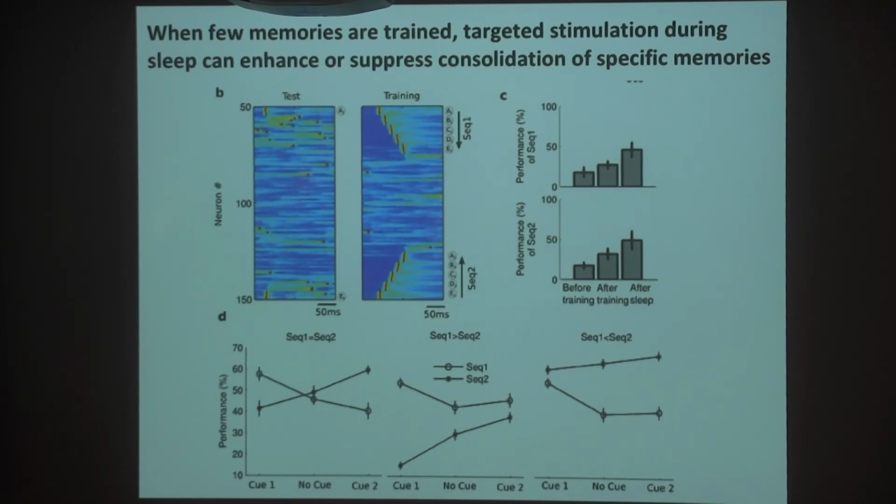So it suggests that if a sequence is strong enough, whether you cue it or not, that sequence will improve during sleep, and that memory can improve. But if a memory is weak, it's potentially more vulnerable to interference, and then, for example, trying to cue the stronger sequence can lead to almost complete extinction of the weak one.